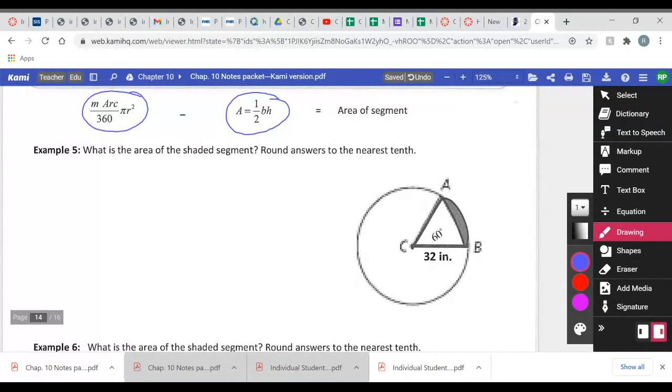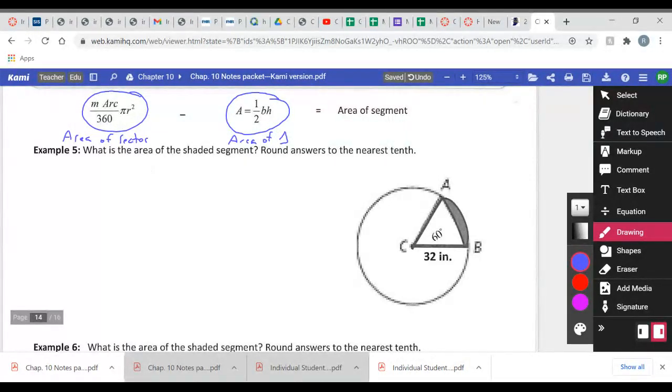So in this particular case, we need to find, again, I'm going to write it since we can't see it anymore. This is the area of the sector, like we just did on the last page. This is the area of a triangle, and that's going to give us the area of the segment.